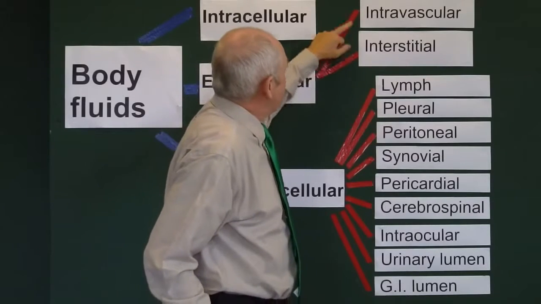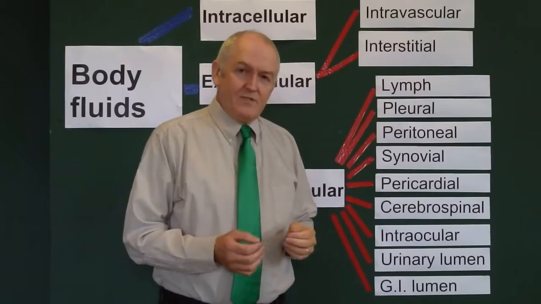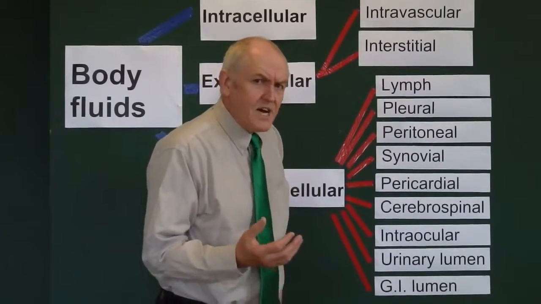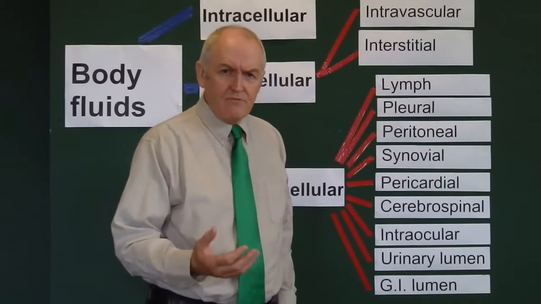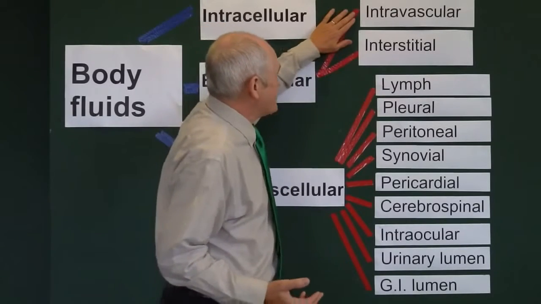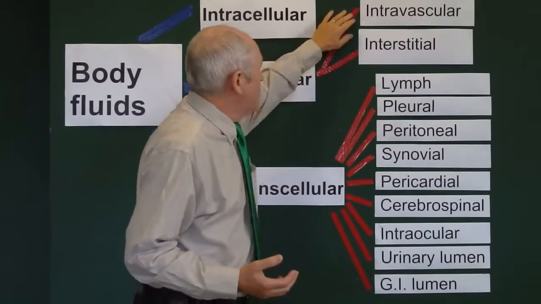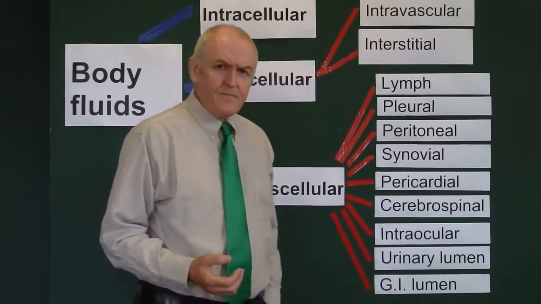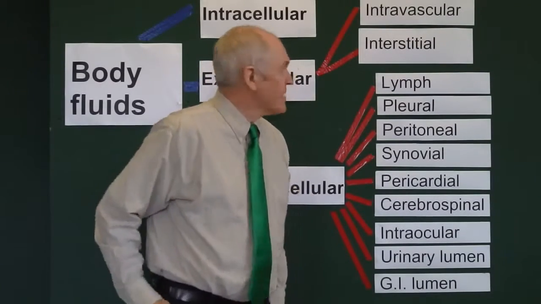Now the intravascular compartment, as the name implies, is inside the blood vessels. So it's the blood inside the chambers of the heart, the blood in the arteries, veins and capillaries. And of course that fluid is supposed to be compartmentalised within that intravascular compartment. And in fact, if blood leaks out of that, we would call it hemorrhage.